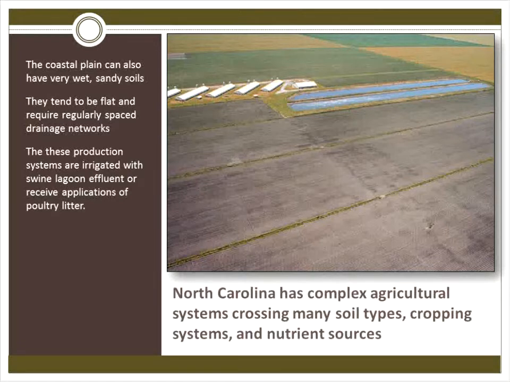Some of these soils are very sandy, and in order to be productive, they require regular spacing of drainage networks. There are some lagoon spray fields on these kinds of soil and also poultry application, but typically the closer you get to the coast, the less animal agriculture you see.